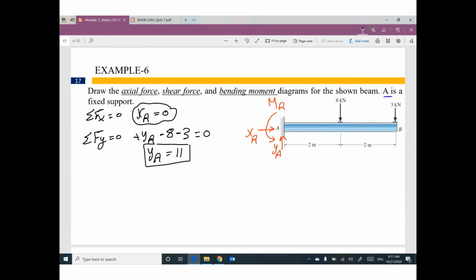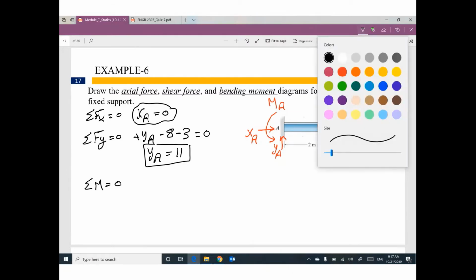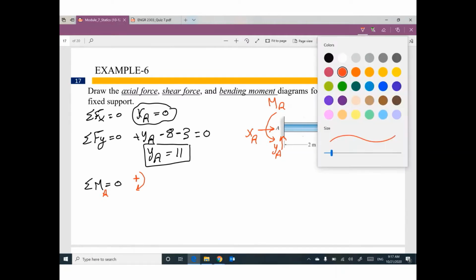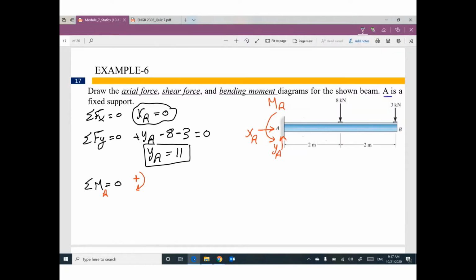Summation of moments at any point equals 0. I'm going to take moments at A and assume clockwise is positive. Guys, be careful, please. If you are taking a moment at A, XA is a force with distance 0, and YA is a force with distance 0.